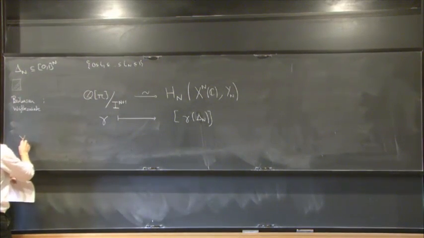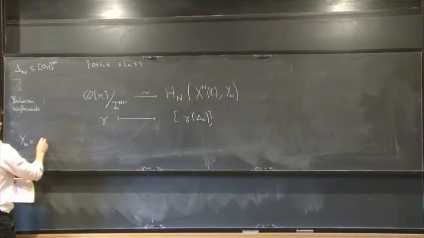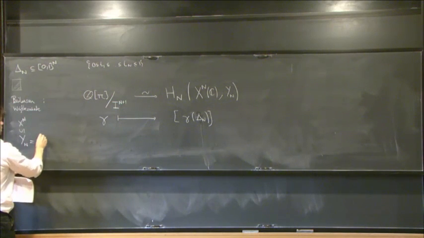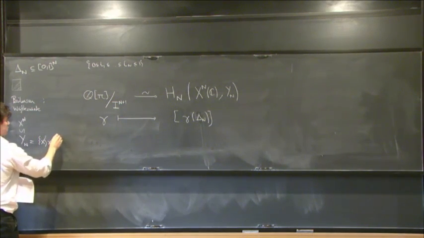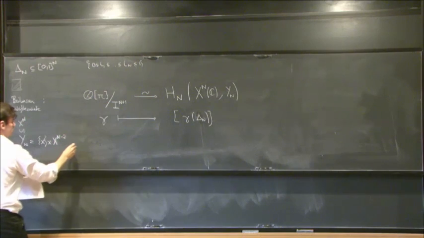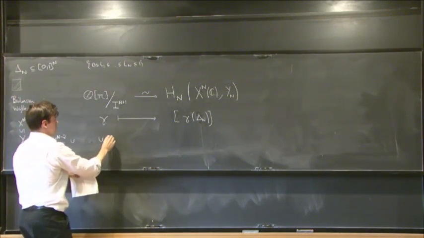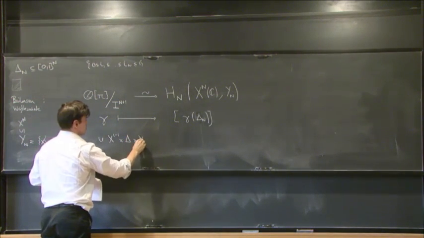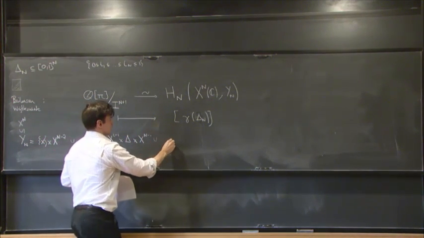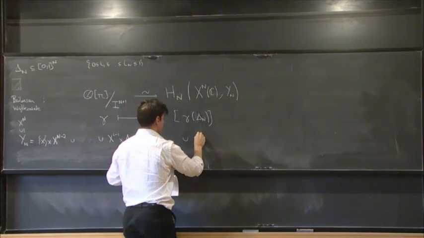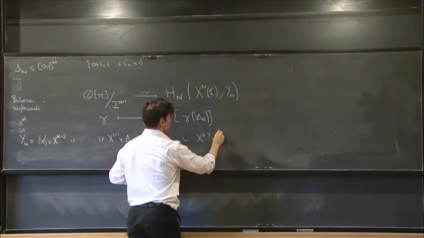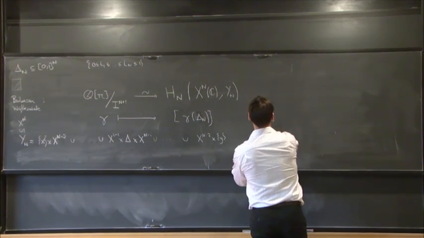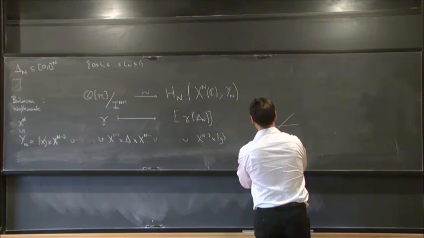So Yn here is a union of divisors, contained in X to the n: X cross X to the n minus 2, union dot dot dot, union X to the i minus 1, cross the diagonal, cross X to the n minus i, union dot dot dot, union X to the n minus 2, cross Y. So in the case n equals 2, this Y simply looks like a triangle.